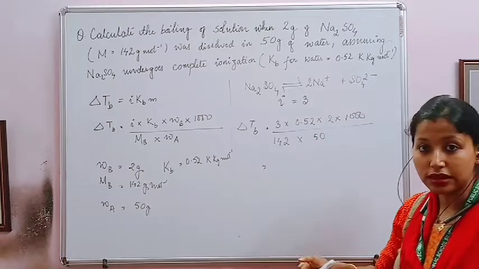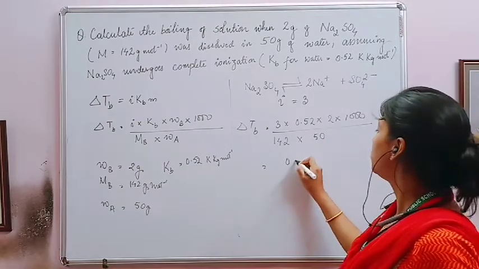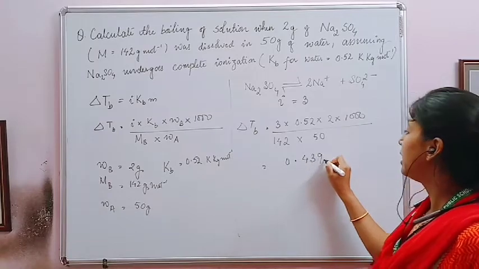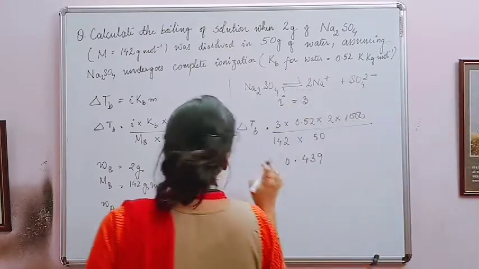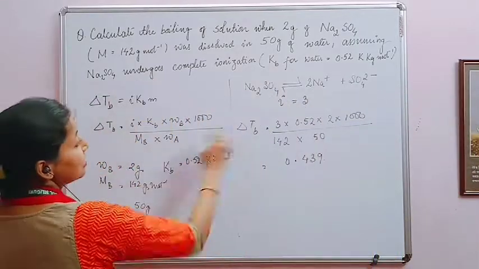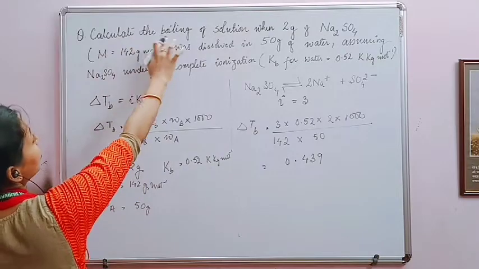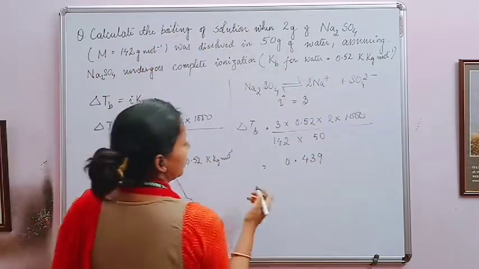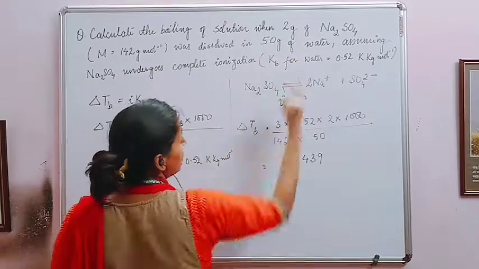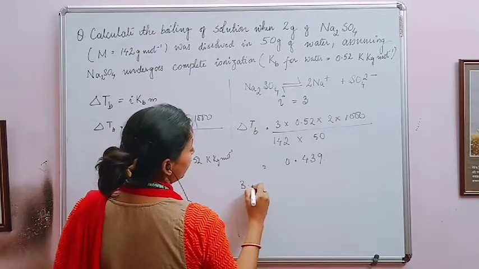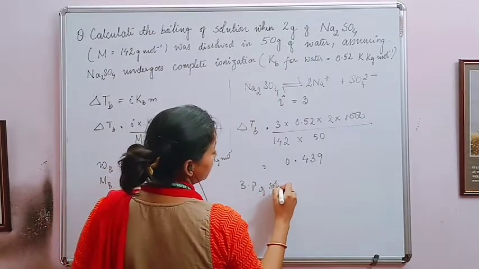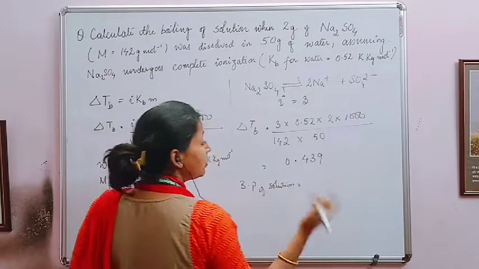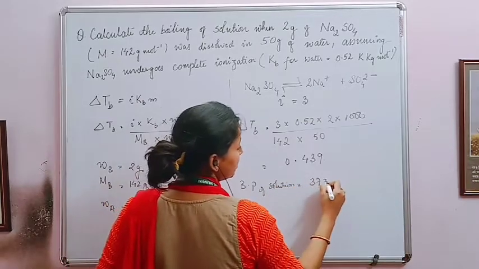If you calculate this, it should come to 0.439. Now, this is the difference. You need to find out the boiling point of the solution. The solution was prepared in water, so the boiling point of solution will be, we know that the boiling point of water is 373 Kelvin.